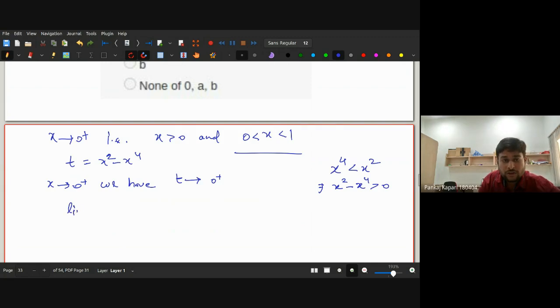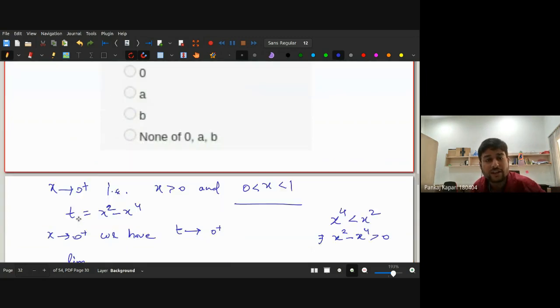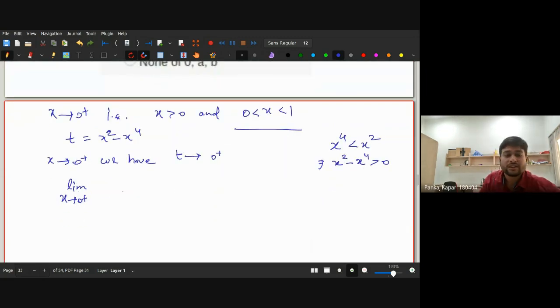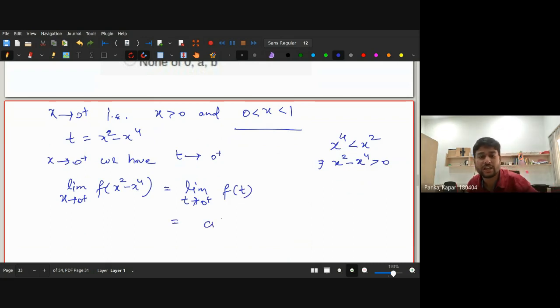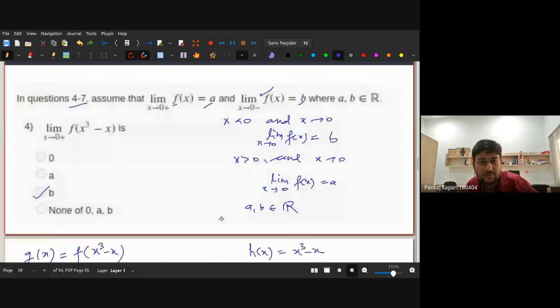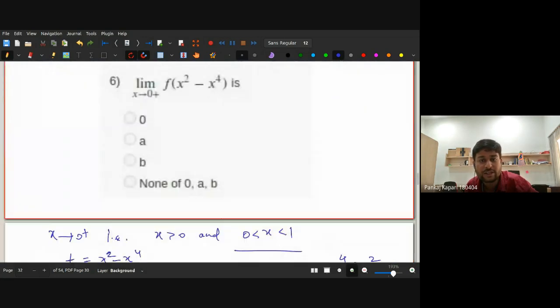In this problem we are finding the limit from the right hand side of f of x square minus x to the power 4, which is the same as, changing the variable, instead of x we have t, approaching from the right hand side of f of t. And what is this limit from the right? We have assumed that this limit is a, right? Our assumption was that from the right, the limit is a.